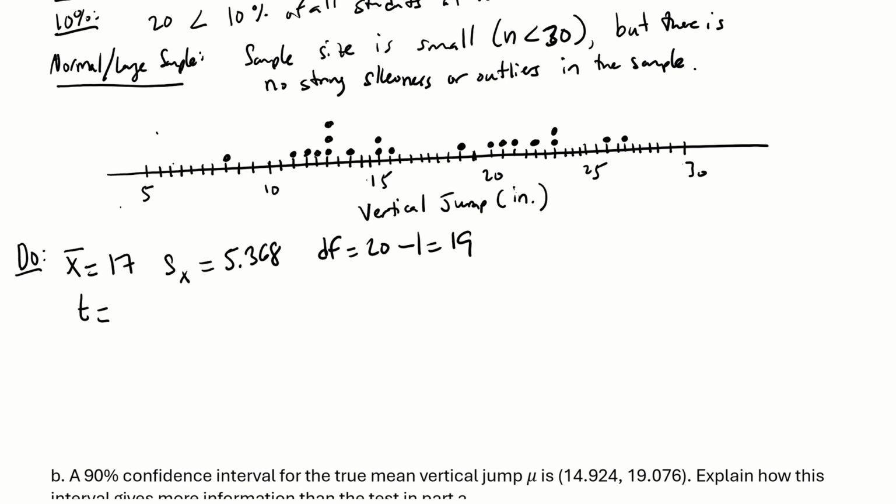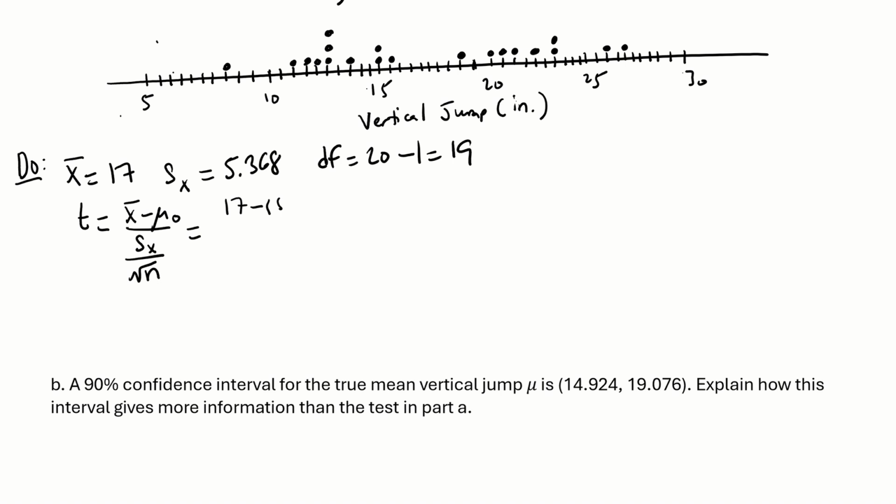We can calculate the T. Again, it's X bar minus mu 0, over SX divided by square root of n. We get 17 minus the mu value, which is, I don't remember, 15. All right, so you get 1.67 for the T score.